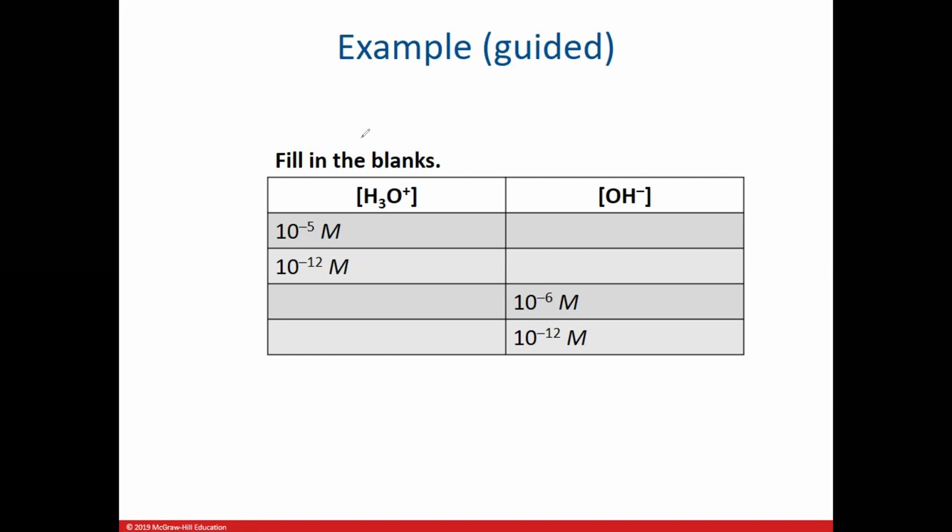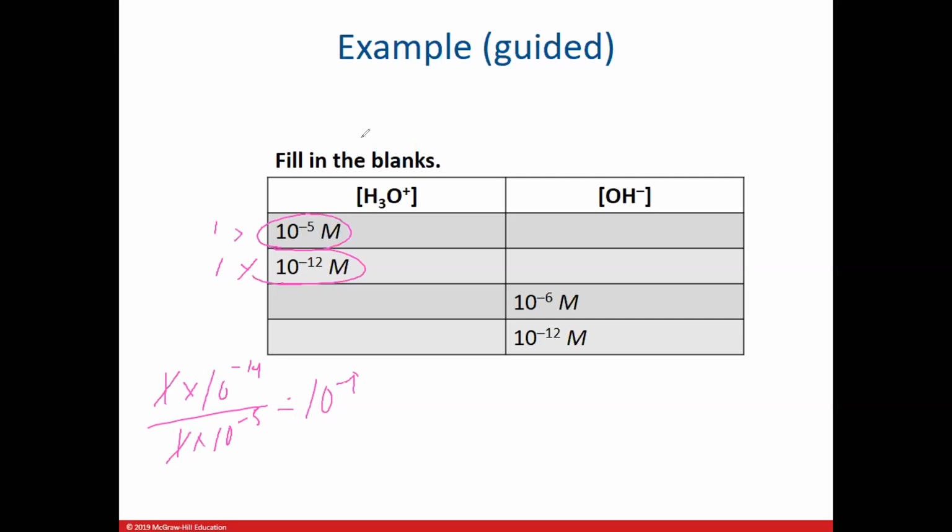because since my values all were 1 times 10 to the exponent, 1 times 10 to the negative 14th over 1 times 10 to the negative 5th, my 1's cancel out. 10 to the negative 14th over 10 to the negative 5th would give us 10 to the negative 9th.